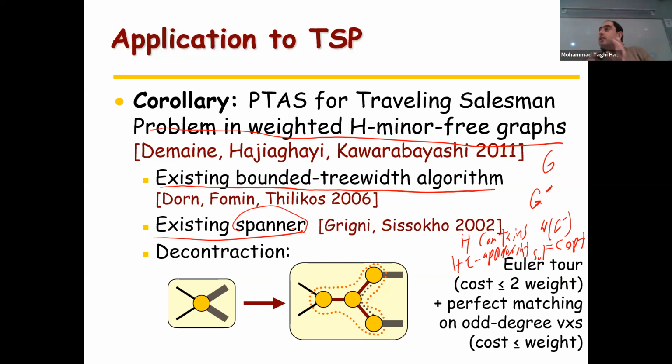Still, finding that is not that easy. For example, for planar graphs, that's actually very easy. How can you create such a thing? For any epsilon, you sort the edges in increasing order and then add edges one by one. Any edge that helps to decrease the distances between these vertices by more than a 1 plus epsilon factor of the previous distance, you will add it.